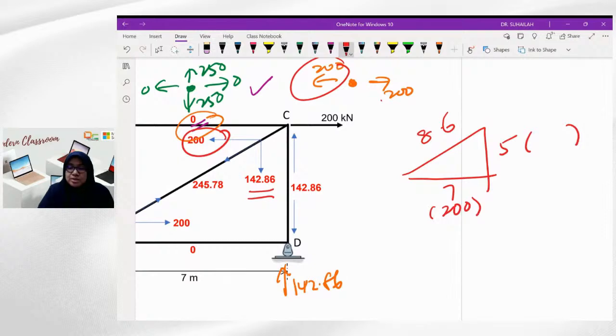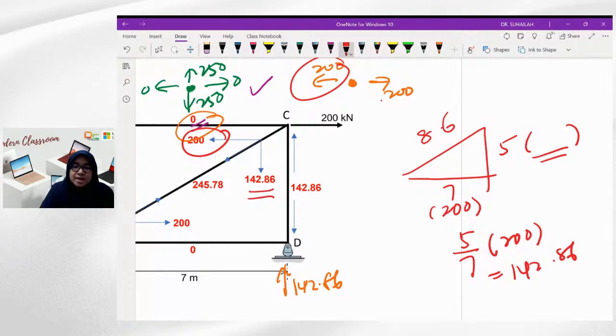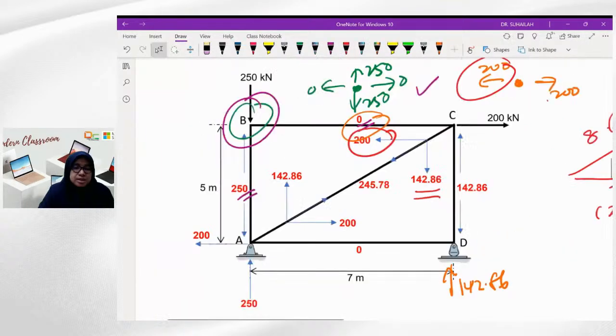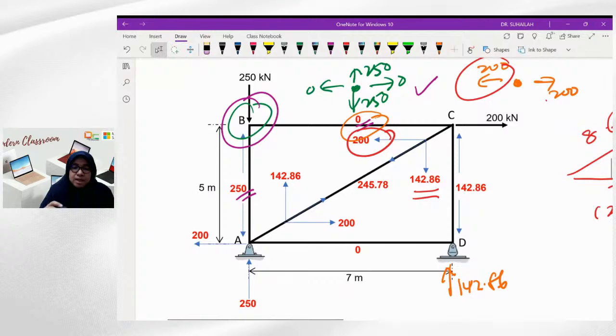When we interpolate, it means 5 divided by 7 times 200, so this is equal to 142.86. This is called interpolation. So we get 142.86, balanced with this.